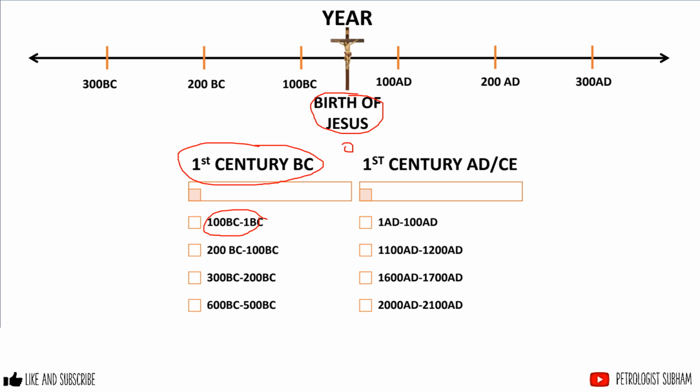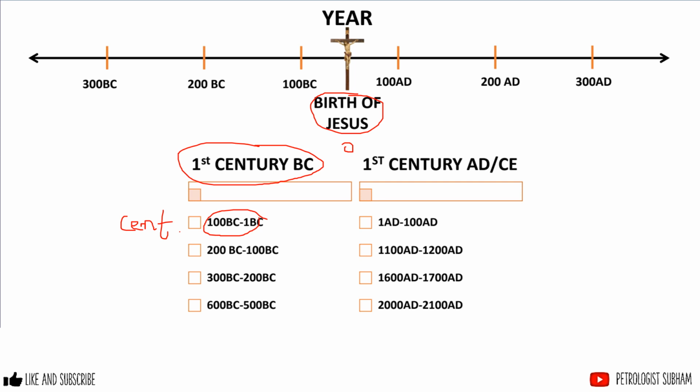These 100 years are known as what? Century. Okay, 100 years is known as a century, 10 years is known as a decade, right? And 1000 years is known as a millennium, I guess, right?